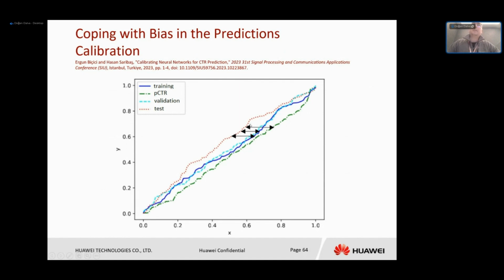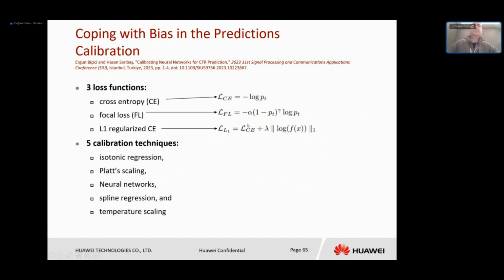We use 3 different loss functions for these experiments. Focal loss and L1 regularized cross entropy are known to produce calibrated results, so we compare with cross entropy. And we have 5 different calibration techniques: isotonic regression, Platt scaling, neural networks, spline regression, and temperature scaling. We experiment with all of these techniques.